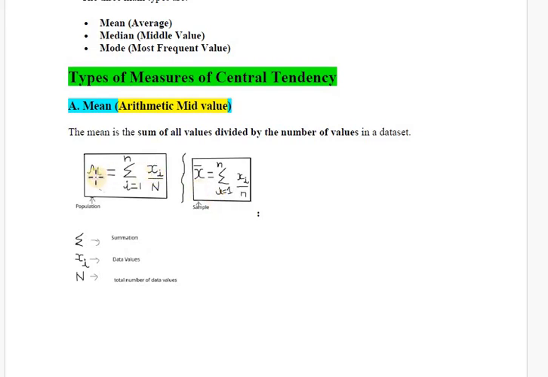Mu is the symbol, then the summation of all the values of the data set, and we will be dividing it by the number of values. This is for the whole population and this is for the sample. X bar represents the sample and mu represents the population.